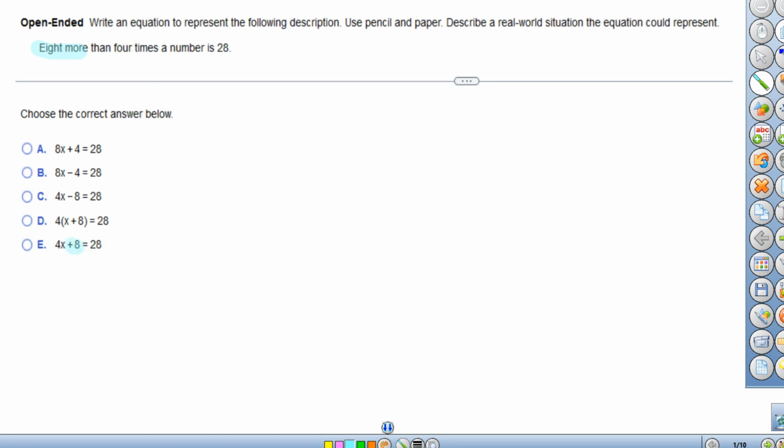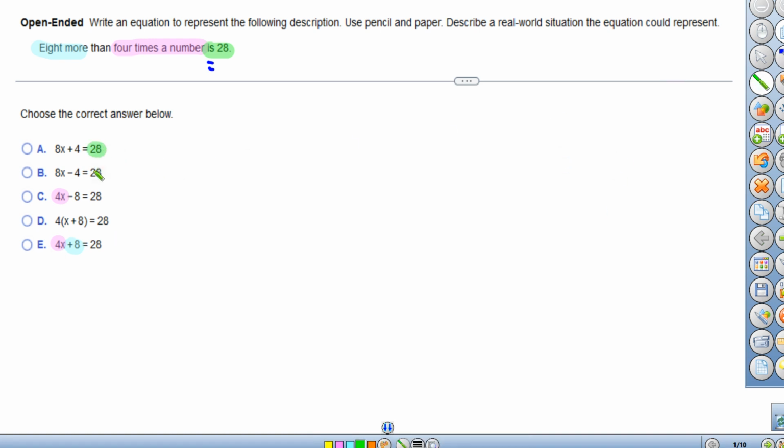Then we have 4 times a number. That sounds like 4 times x. Technically that would be 4x. And then it says is 28. Now the cool thing about is, that's the same thing as equals. So let's see which one of these has all of these things together.